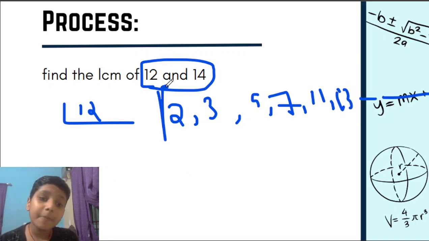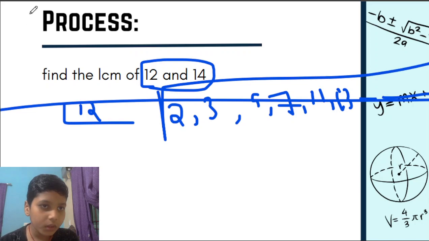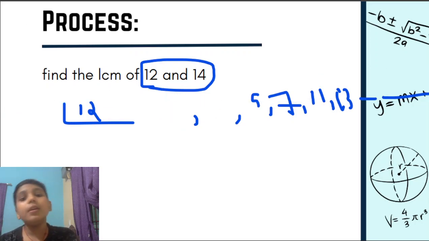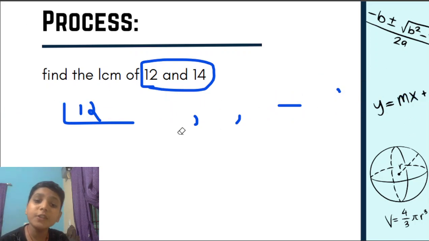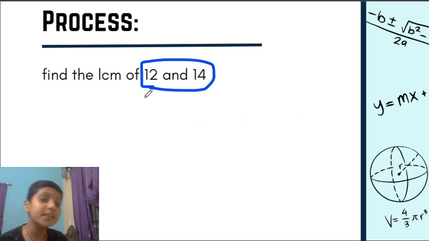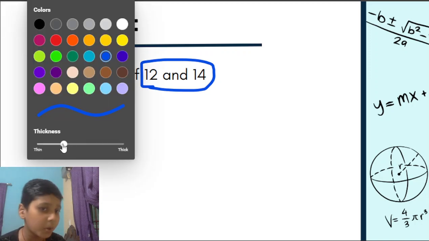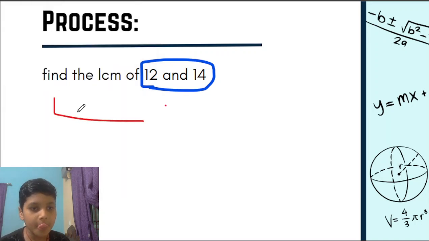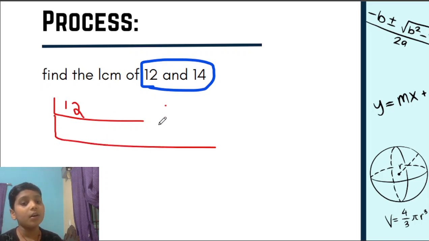So we have to use these prime numbers to write the number as a product of primes. Let me choose a bit thinner pen and a different color. So let's first find out 12. You do it something like this. Then you put a line over here.